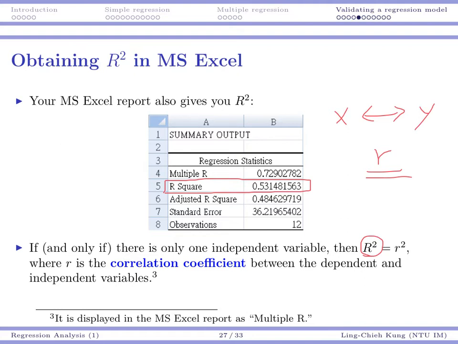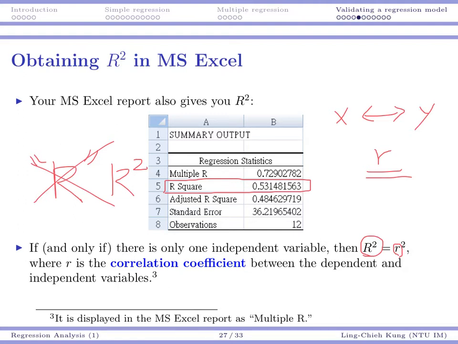Keep in mind that R squared itself is a number. We don't really care about capital R, we care about R squared. Itself is a number. But here, small r is the correlation coefficient.